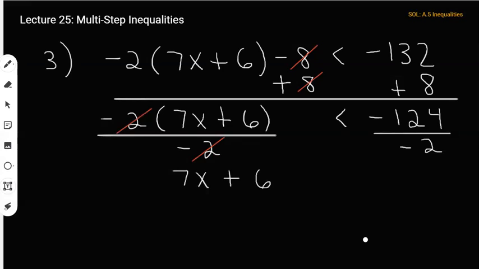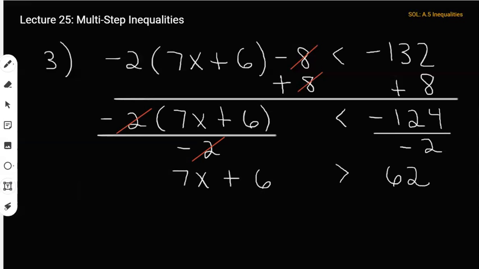But because I'm dividing by a -2, what do I have to do to the inequality symbol? I got to switch it. So I'm going to flip it to being a greater than. And when I divide these two numbers, I get positive 62. So whatever's inside the parentheses right here is just going to come out the way it is.